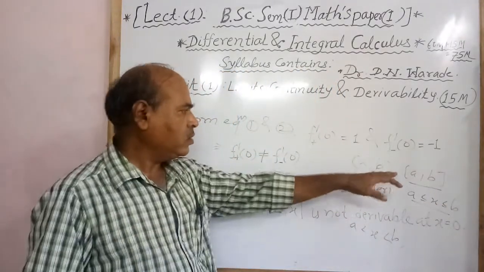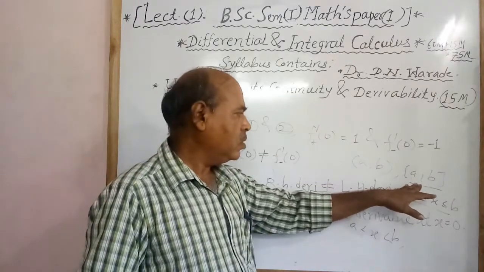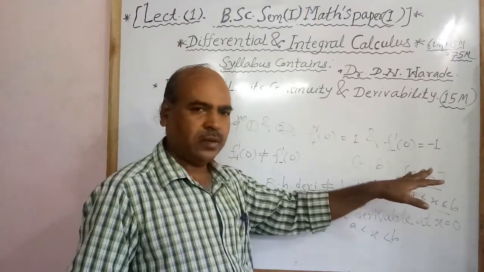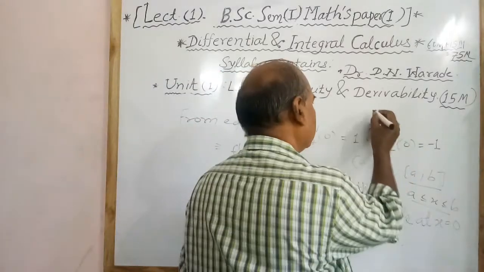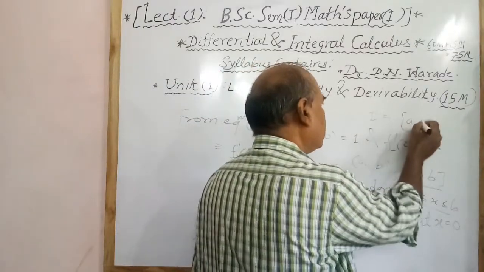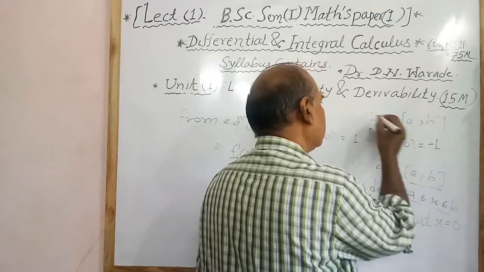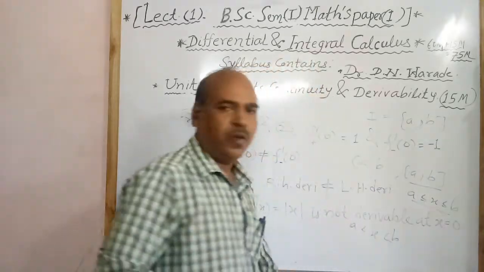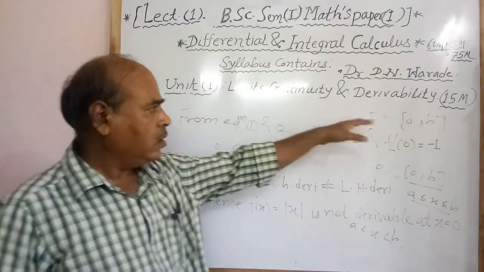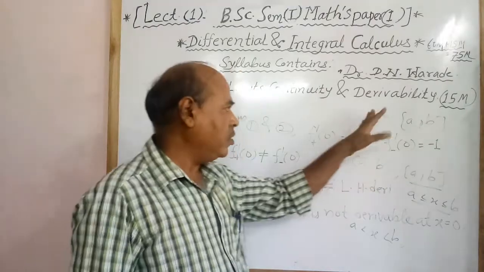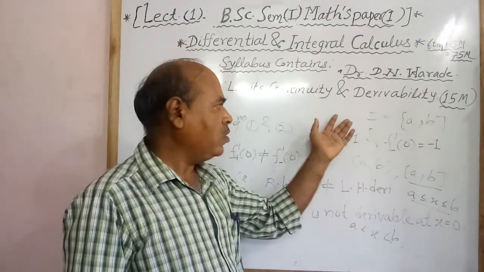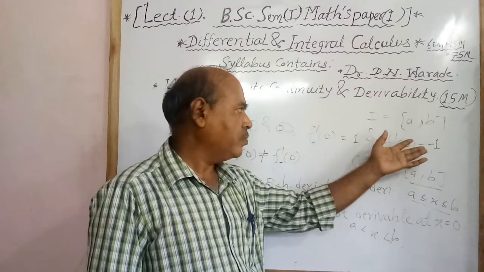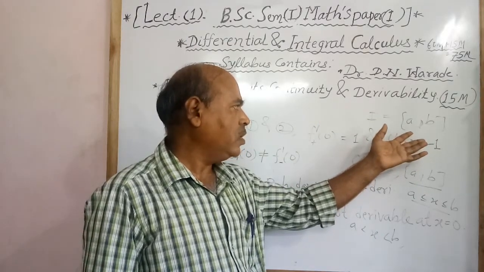Now I have to define the derivative in an interval I. If we take the closed interval AB, then the function is said to be derivable in an interval I if it is differentiable at all the points of the interval AB.